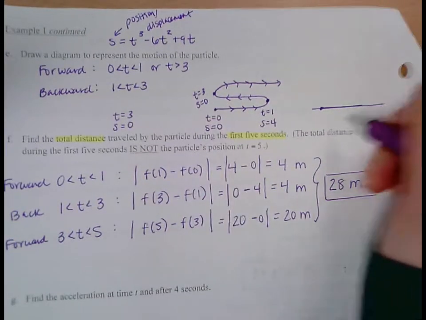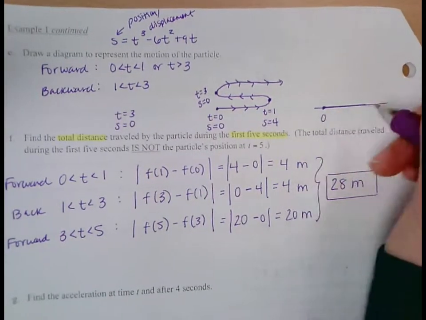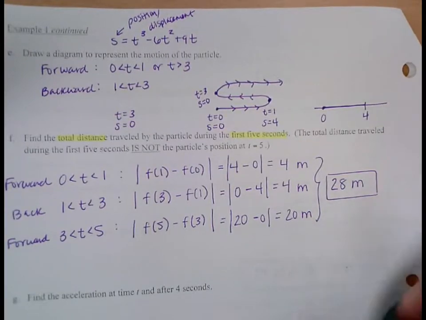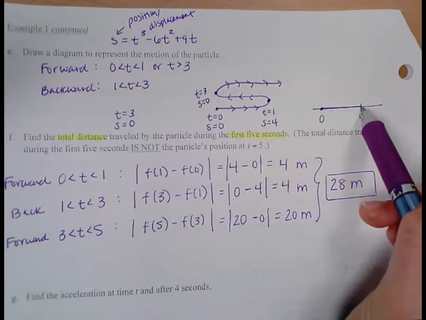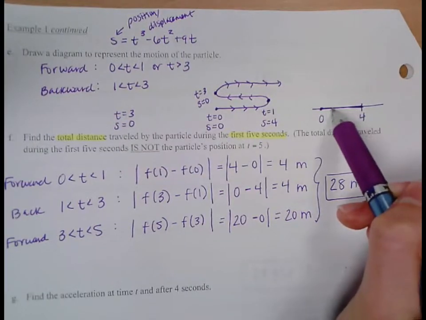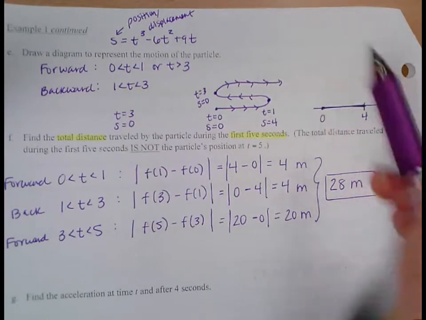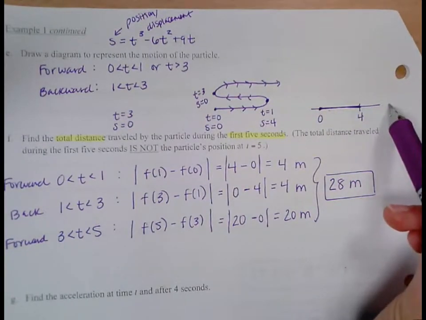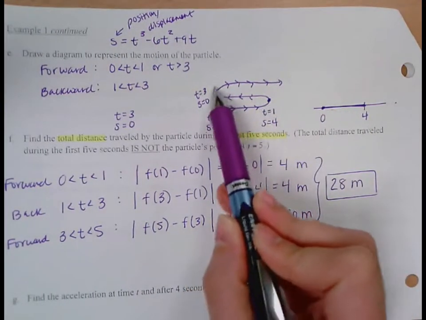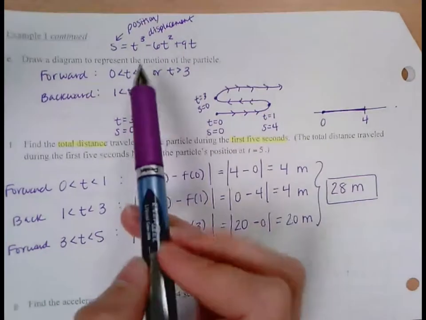So along our straight line, say this is the position 0 and this is 4. So in the first second, it made it to here, and now in the next 2 seconds, it's making its way back to its starting position, and then from 3 on, it's going to continue going forward. So this is just showing exactly where it's going forward and backward.